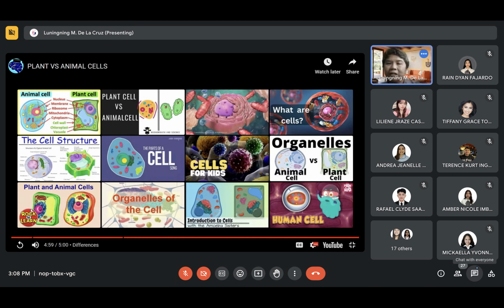So now, during photosynthesis, the plant is making its own food. Okay, and that food is our glucose molecule. And at the same time, it is releasing oxygen. Without the chloroplast, there will be no organelles that would provide chlorophyll for our plants. So that chloroplast is very important.